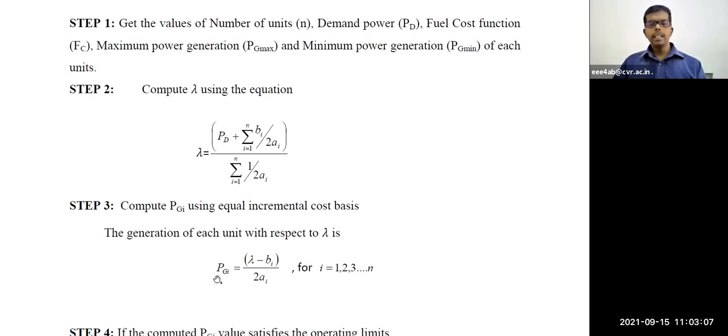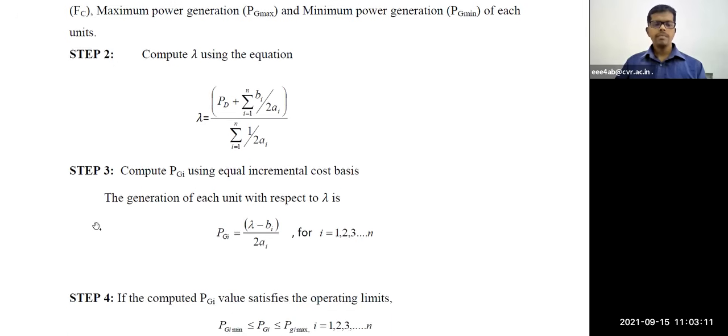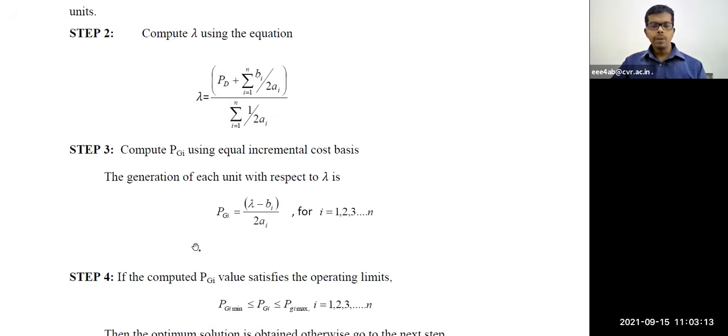Always write this formula first, then proceed. If you forgot this formula, just derive it, that's all. Only 2 steps: just derive, and directly go with the formula.